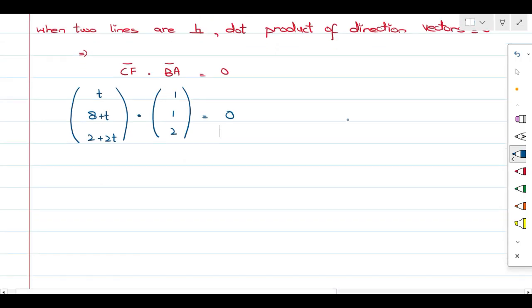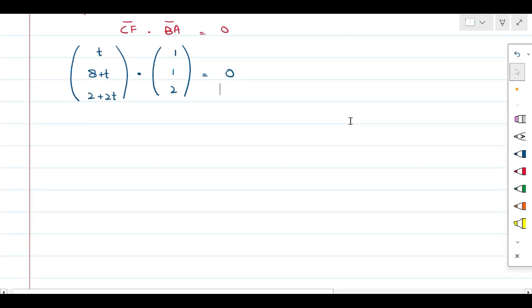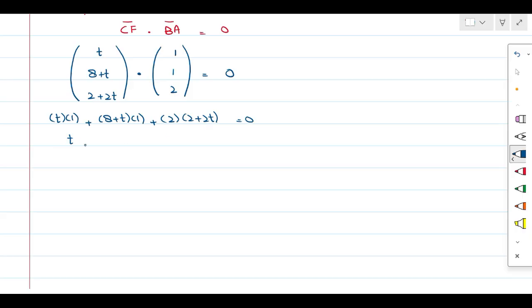In the dot product, how do we solve a dot b? We take the product of the x component, product of the y component, product of the z component, and sum them up. So the x component product is t into 1, plus the y component is 8 plus t into 1, plus the z component is 2 into 2 plus 2t, that equals 0.